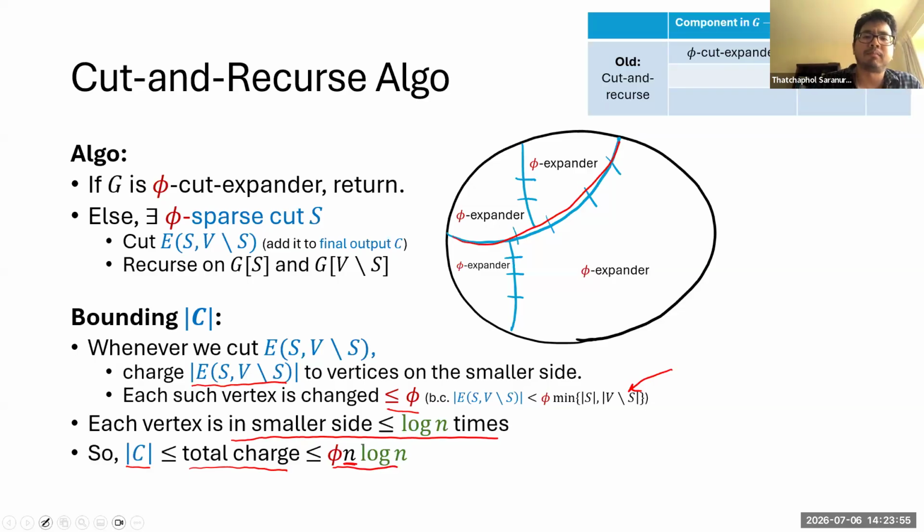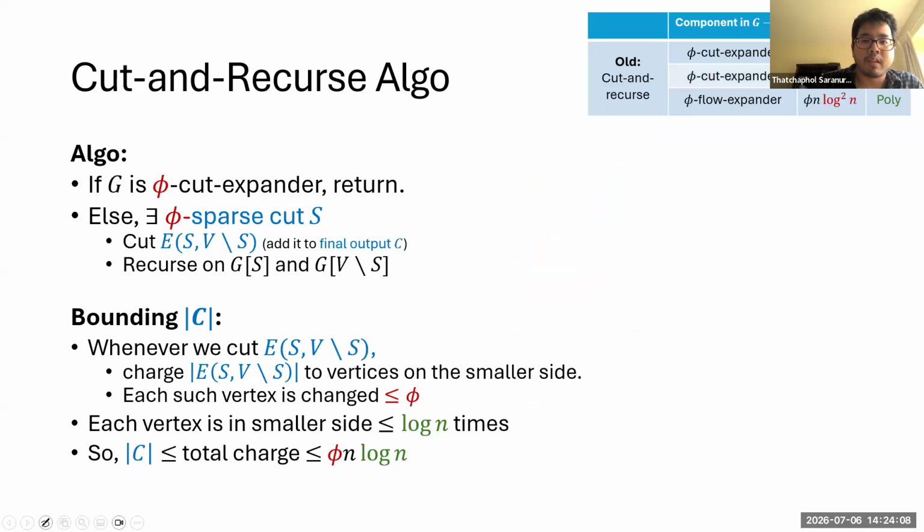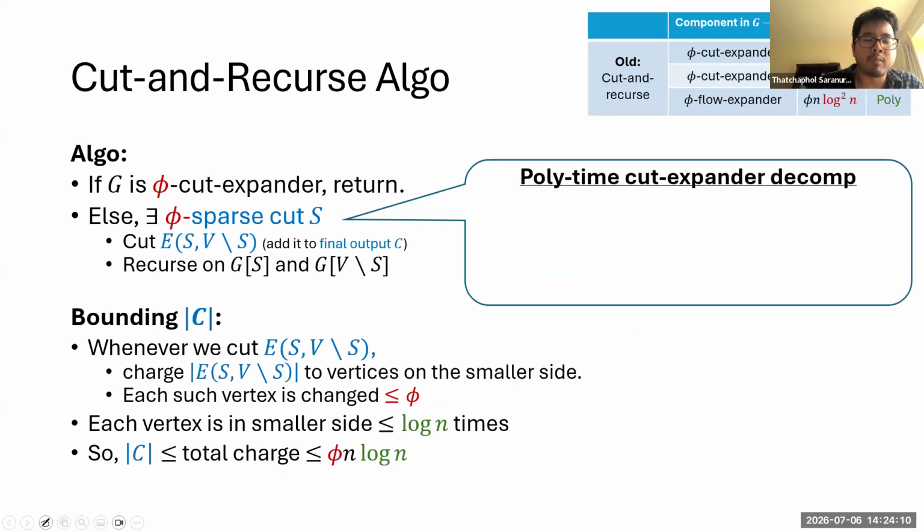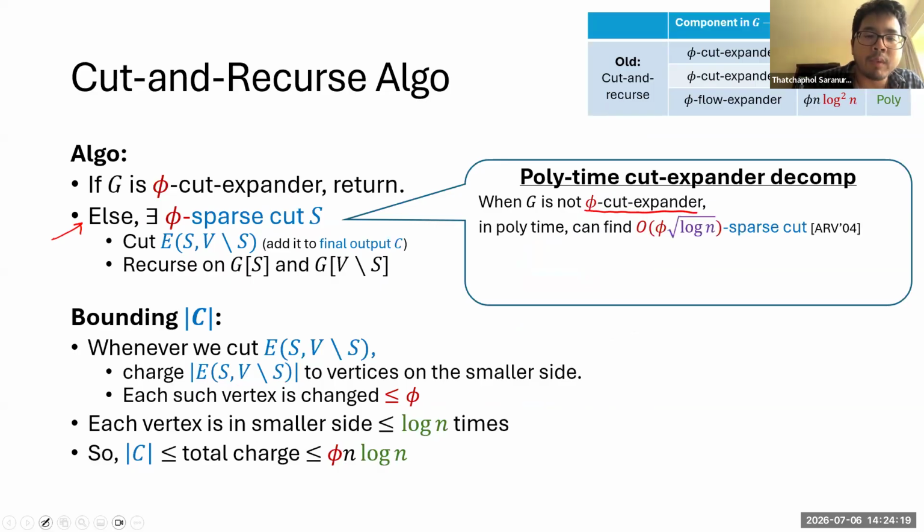This is optimal, but it takes exponential time, because to find this cut here, we don't know how to do it in polynomial time. What we know in polynomial time is here. To get cut expander decomposition in poly time, when the graph is not a phi cut expander, in poly time we only know how to find a phi square root log n sparse cut.